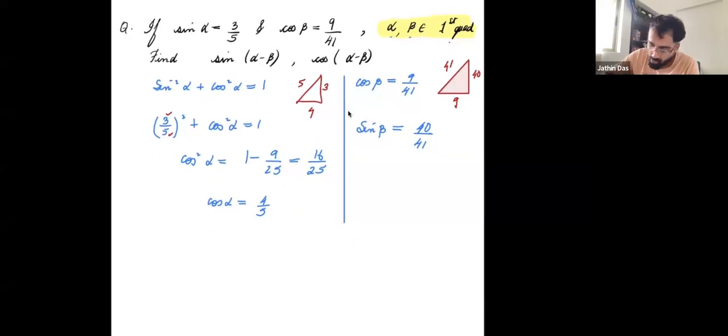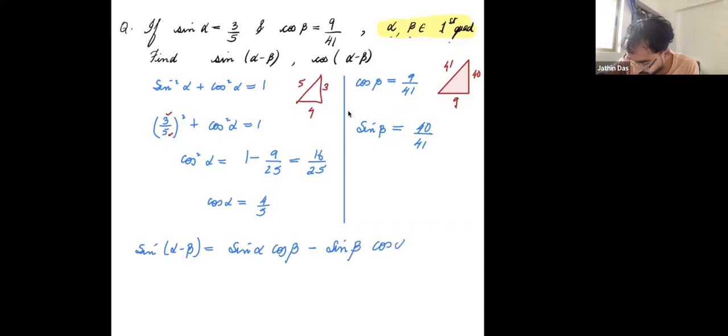Now you simply apply it in the formula. Sine(alpha minus beta) is sine alpha cos beta minus sine beta cos alpha.